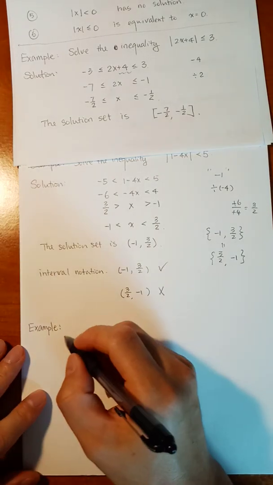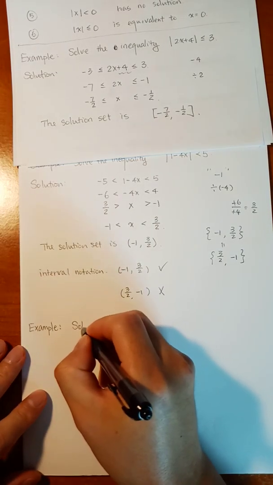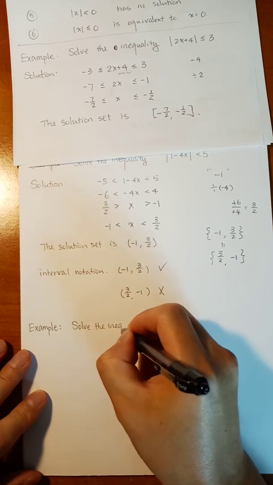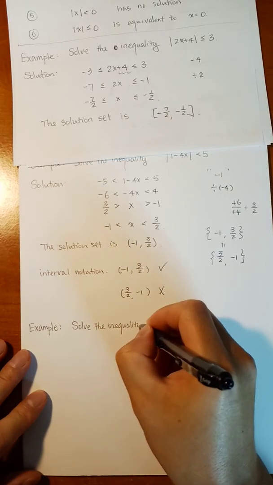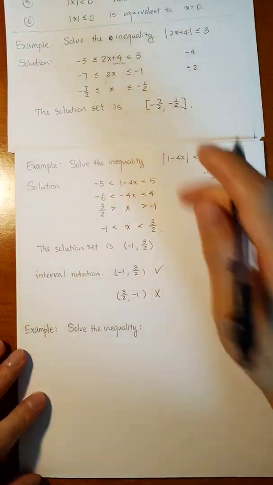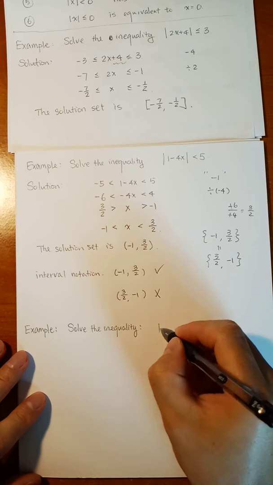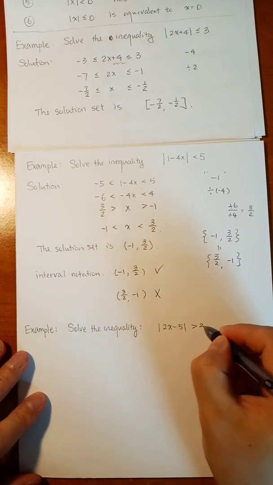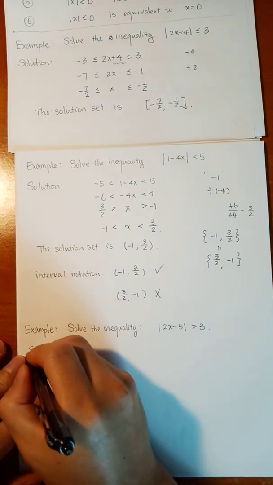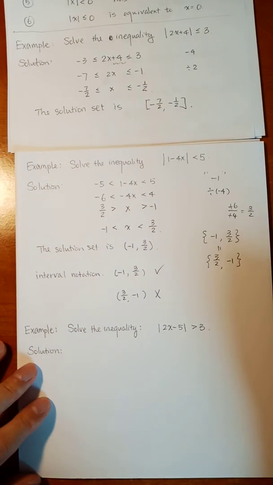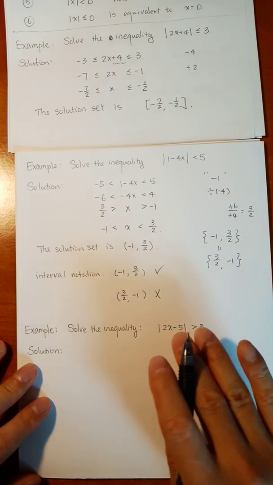Okay, so solve the inequality: absolute value of 2x minus 5 greater than 3. So the absolute value is greater than 3.